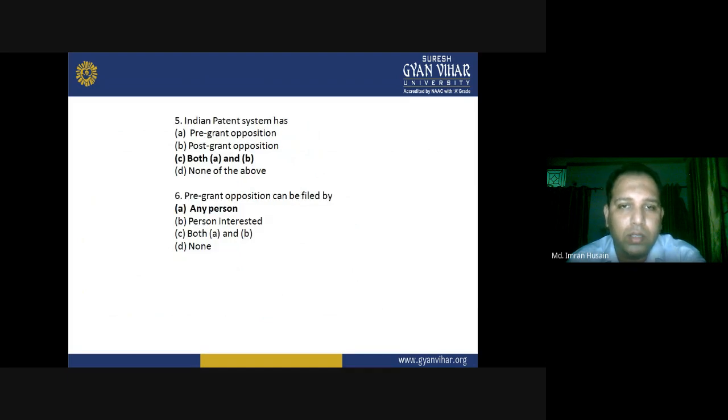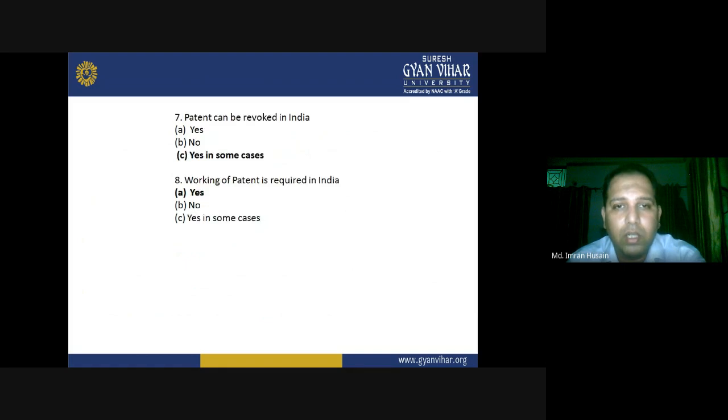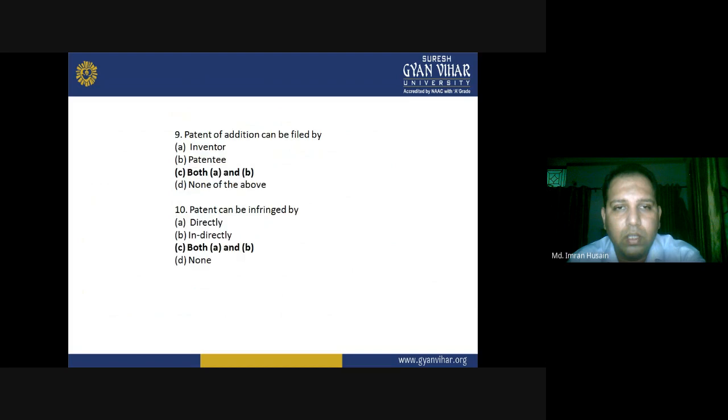The Indian patent system has both A and B, pre-grant opposition and post-grant opposition. Pre-grant opposition can be filed by any person. A patent can be revoked in India, yes, in some cases. Working of a patent is required in India, yes. Patent of addition can be filed by both A and B, inventor and patentee.